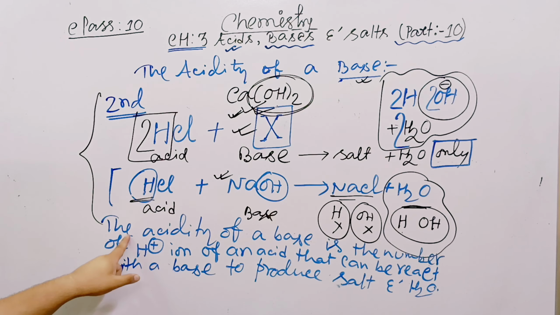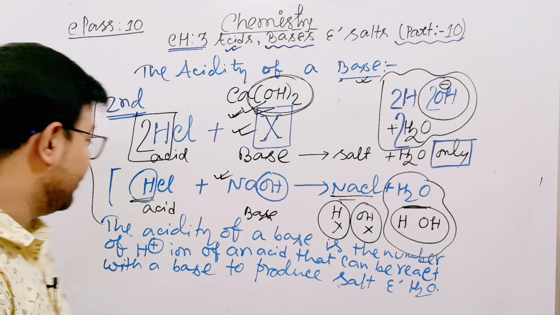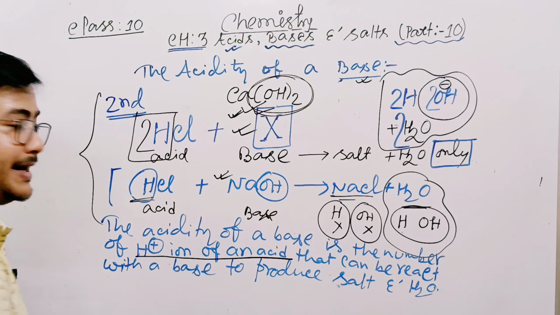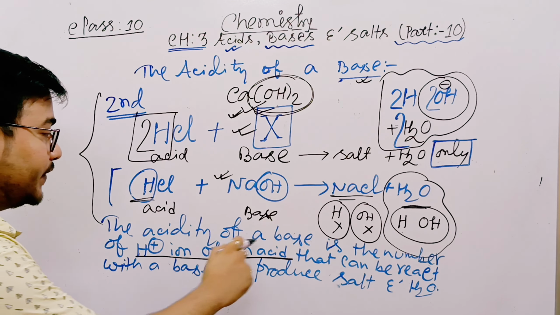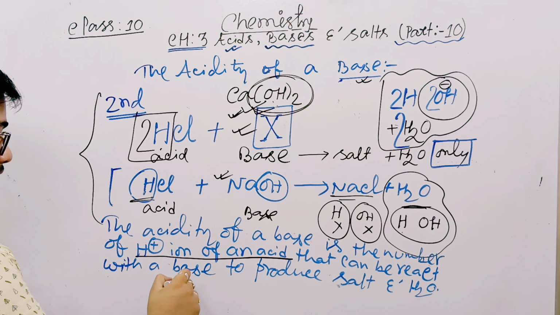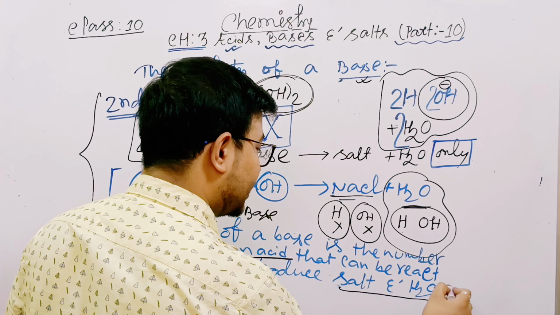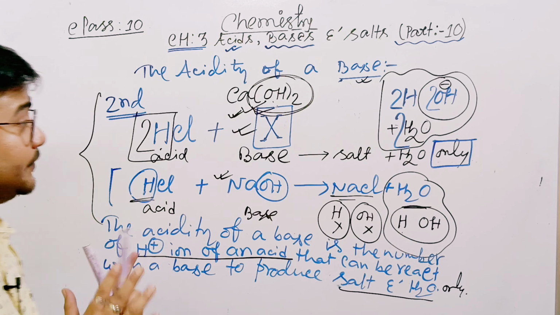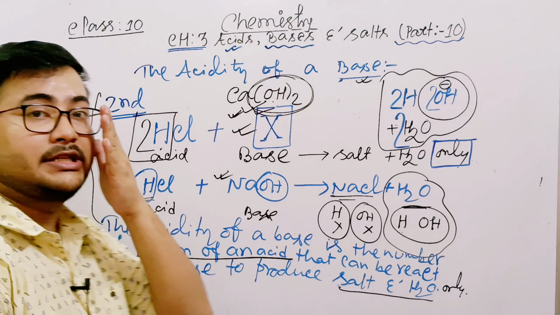So the acidity of a base is the number of H plus ions of an acid that can react with a base to produce salt and water. You can use the word 'only' if you want. Do you understand? You have to read in this way to clear the concept.